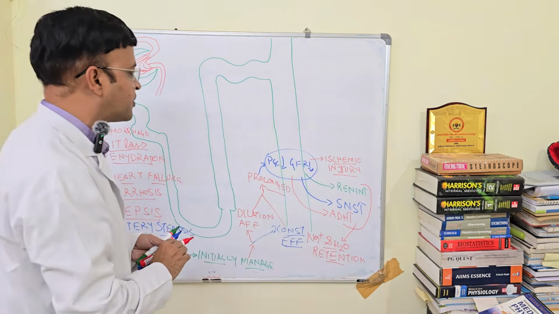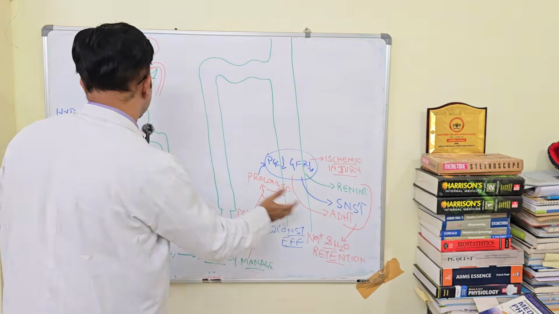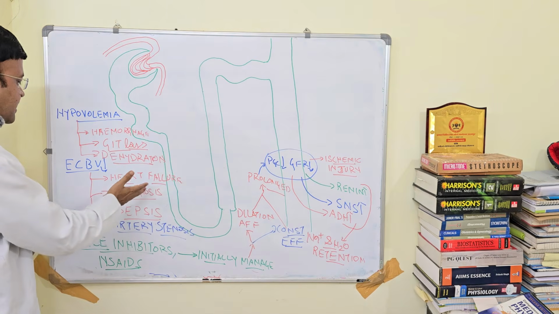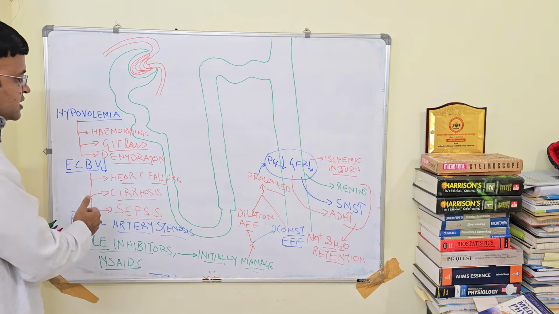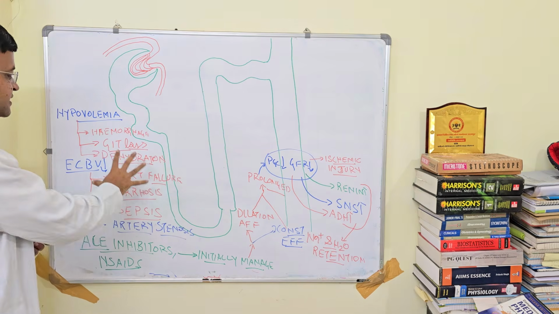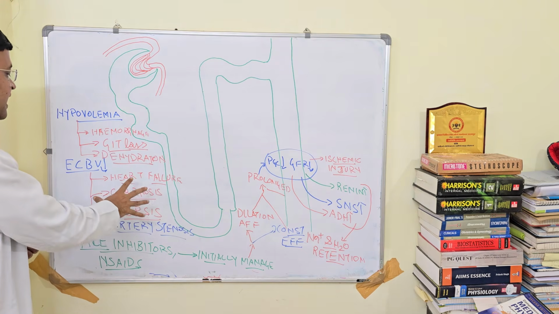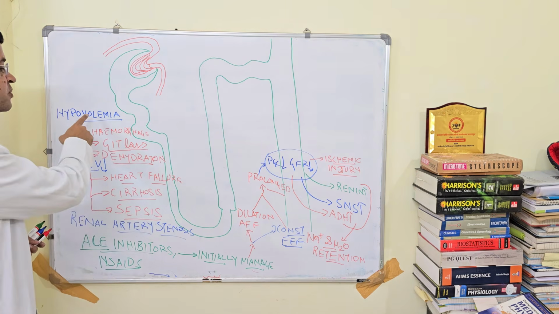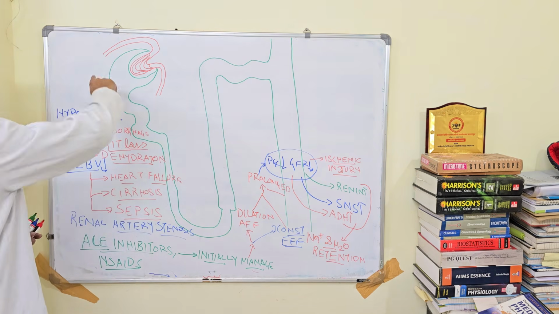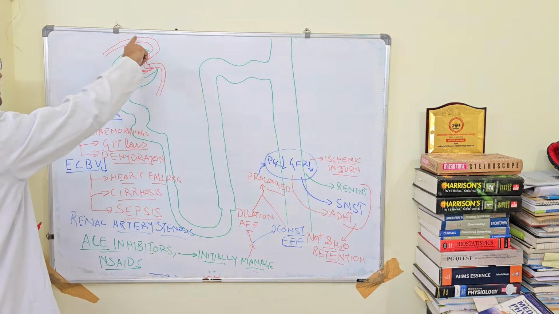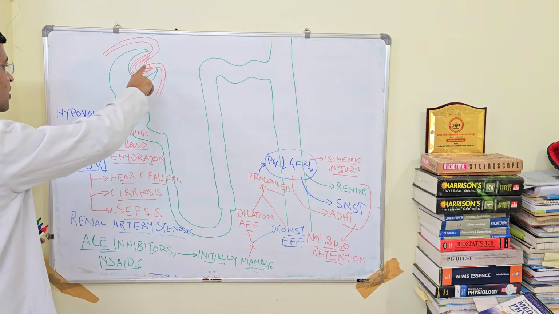Now this is clinically very important, in conditions like heart failure and cirrhosis. This is going to start a vicious cycle, right? In heart failure and in cirrhosis, effective circulating blood volume is low, right? But the kidney is sensing it as low overall blood volume, right?